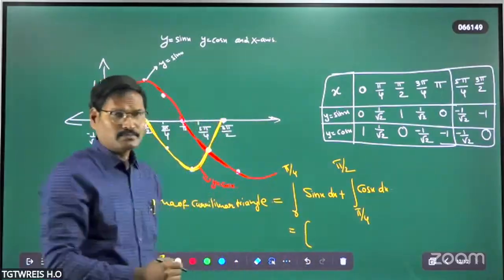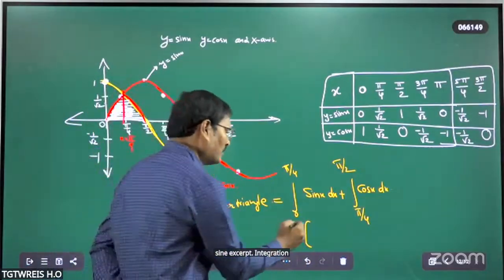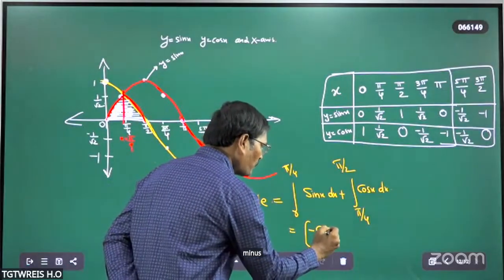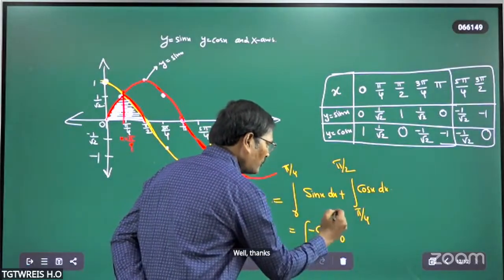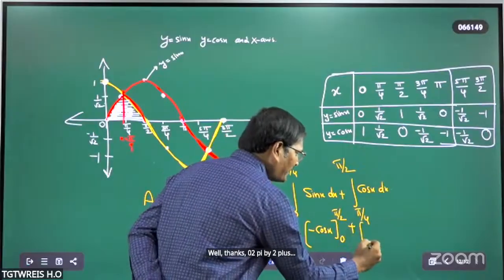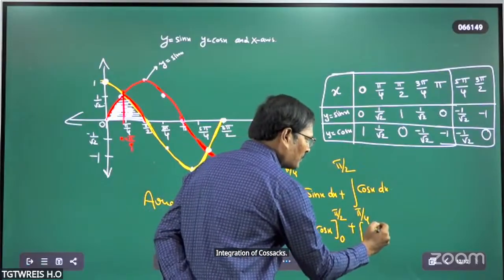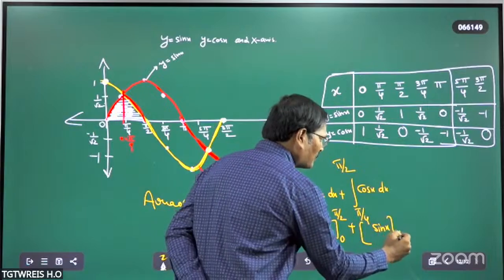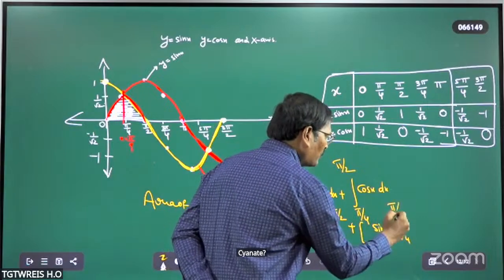Integration of sin x is what? Minus cos x from 0 to pi by 4, plus integration of cos x is sin x, from pi by 4 to pi by 2.